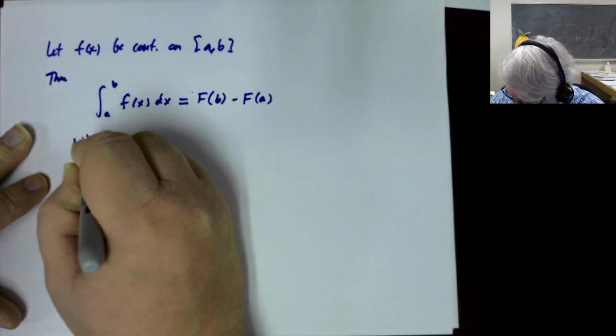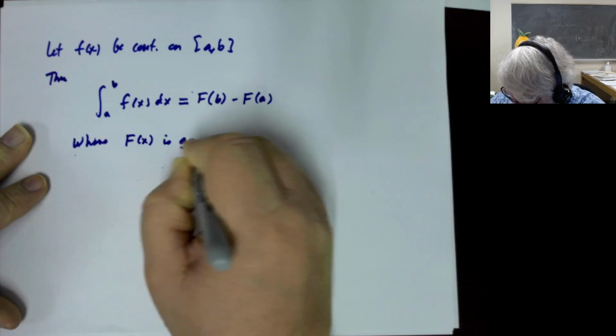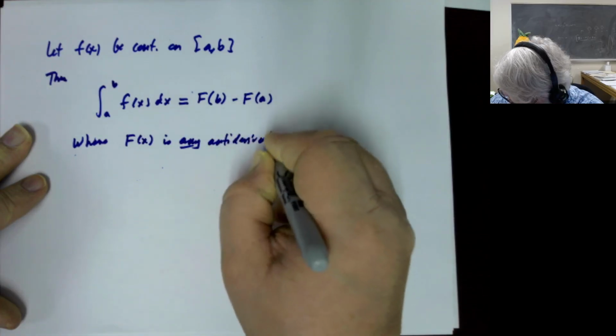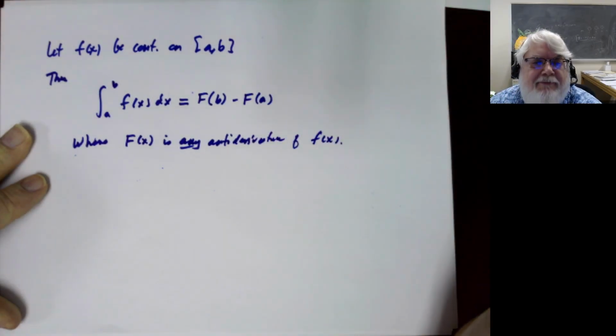And so we'll say where capital F of x is any antiderivative of little f of x. Okay.